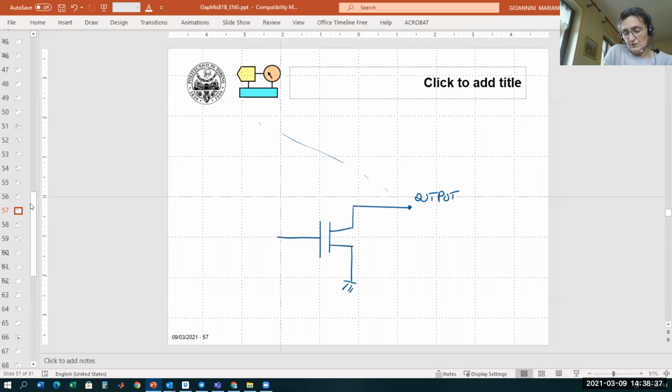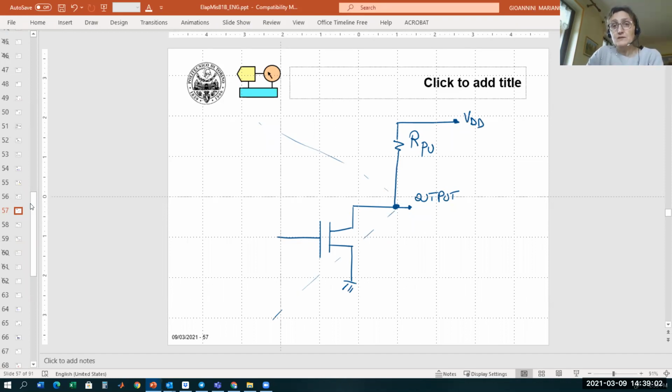This is the output of your circuit. And to make it work, you have to add from the outside of the circuit, so you have to take and solder there, an additional resistor that is defined as the pull-up resistor.